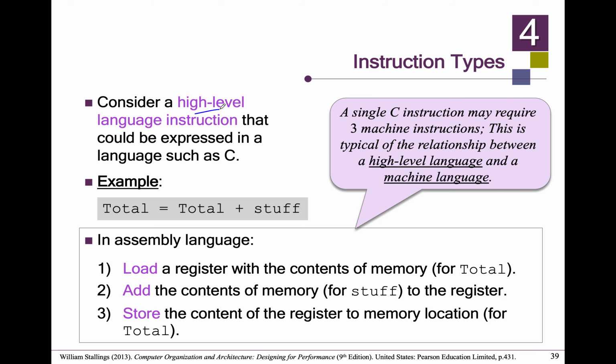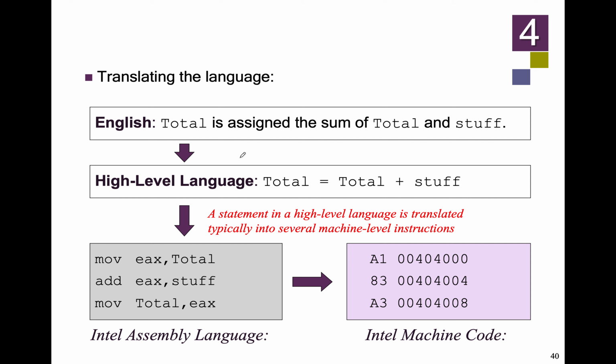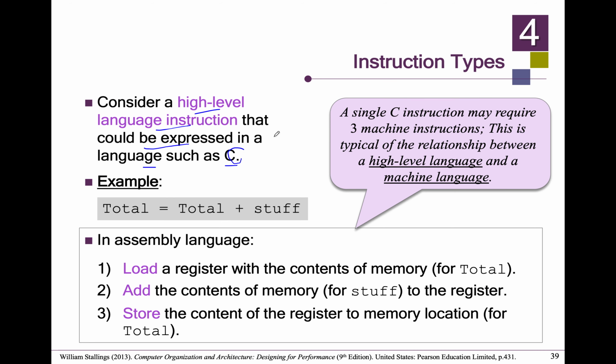Consider a high-level language instruction that could be expressed in a language such as C. Maybe you have C programming. Okay, this is an example of your C programming. In other words, you are going to total up the total plus stuff.